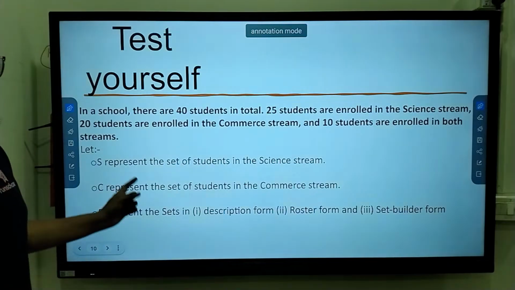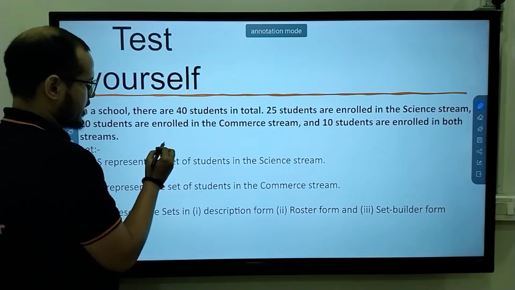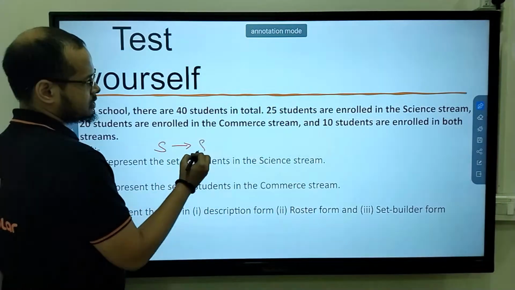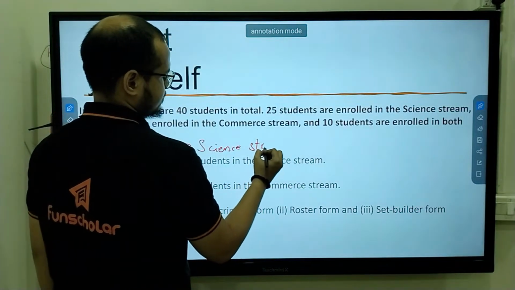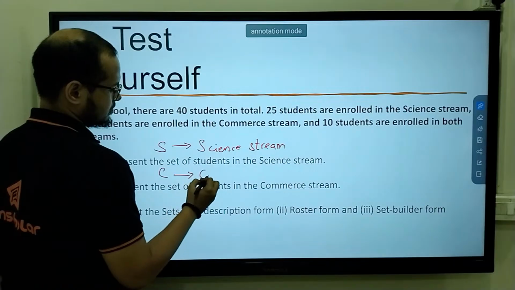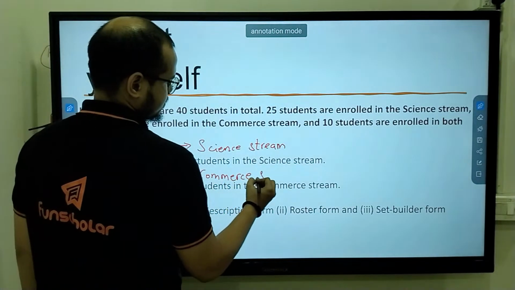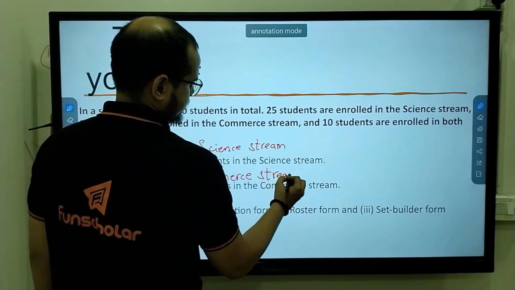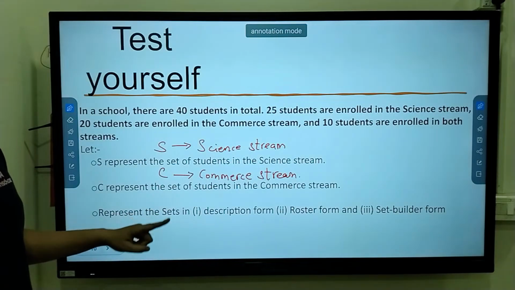Okay, so first we have to represent S. See, S is actually the science stream, and C is the commerce stream. Okay, one, represent the sets in description form.